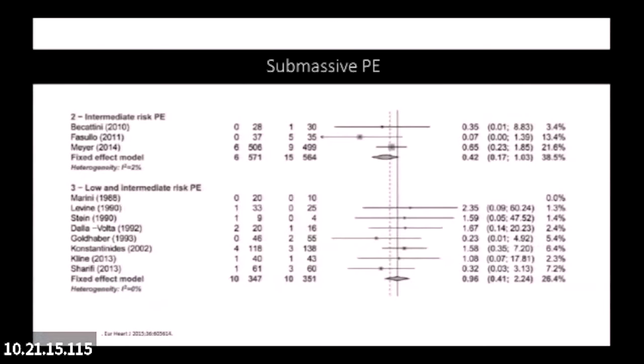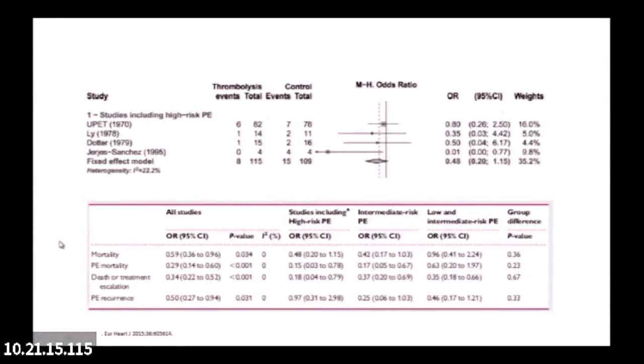Then people also looked at submassive PE, to see if thrombolysis benefits submassive PE. Again, the data is similar to massive PE. There is a trend for mortality benefit, and especially if you look into intermediate-risk PE for PE-specific mortality, based on meta-analysis, there is a benefit with thrombolysis.